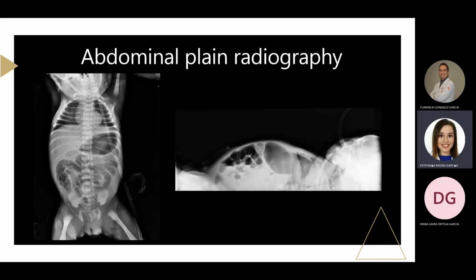On the screen, we have 2 abdominal plane radiographs obtained with a vertical beam and a horizontal beam. Both of them show dilatation of the intestinal loops with intramural gas right here and portal venous gas, shown as linear branching radial lucent vessels that extend from the region of the main portal vein toward the periphery of both hepatic lobes.